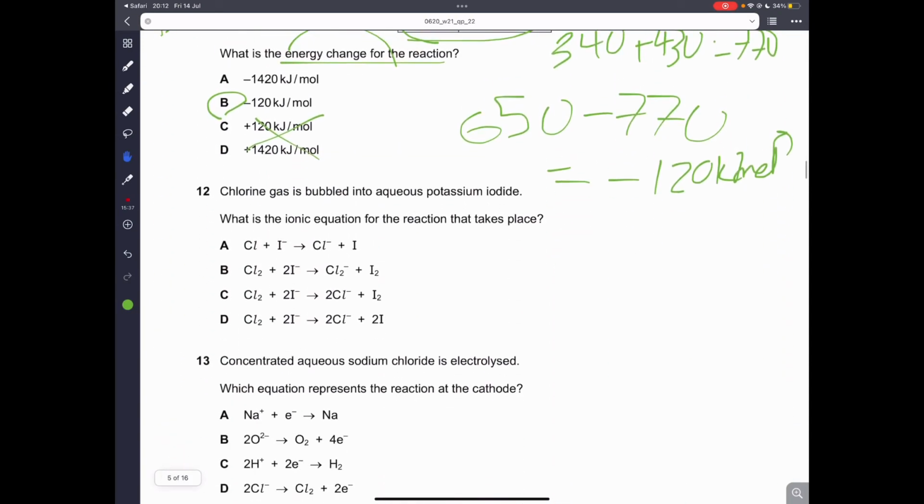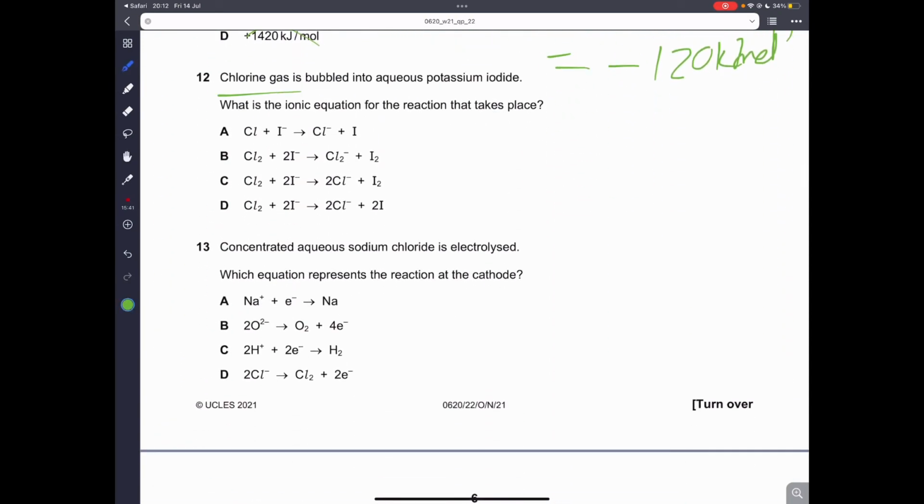Question number 12. Chlorine gas is bubbled into aqueous potassium iodide. What is the ionic equation for the reaction that takes place? Now this is a displacement reaction. This displacement means the chlorine is going to displace the iodine because the iodine is less reactive than the chlorine.